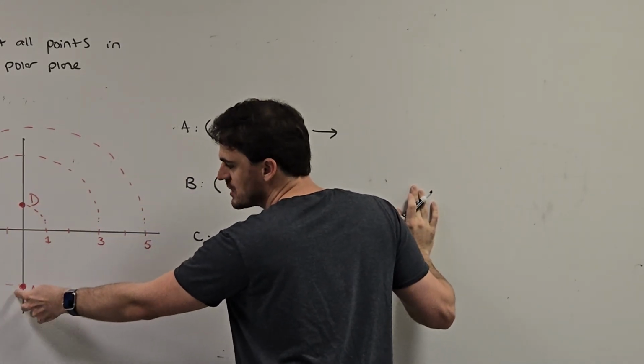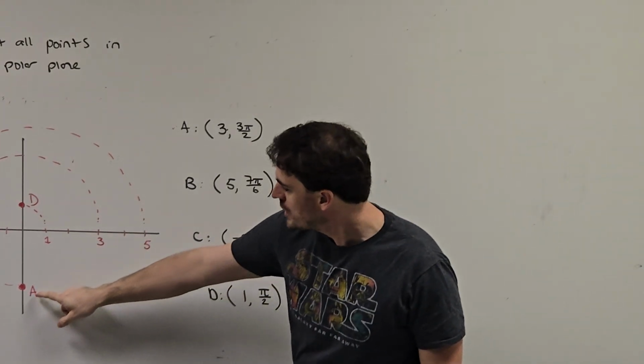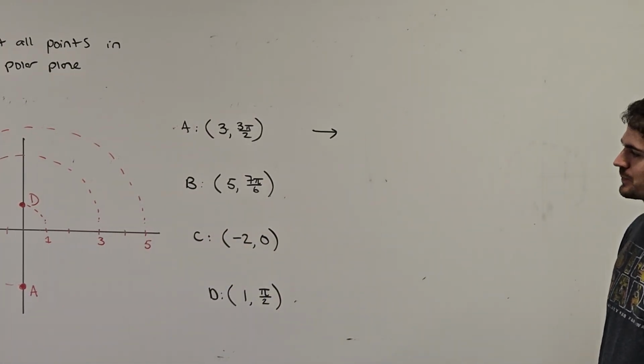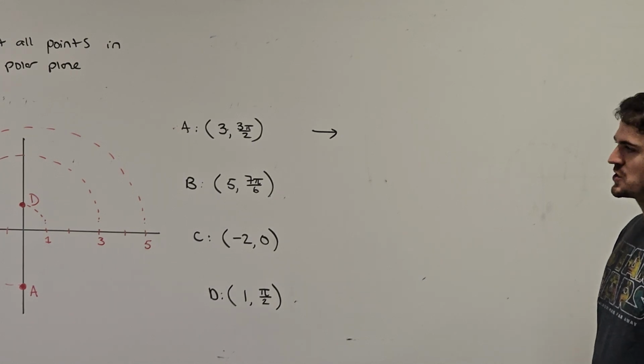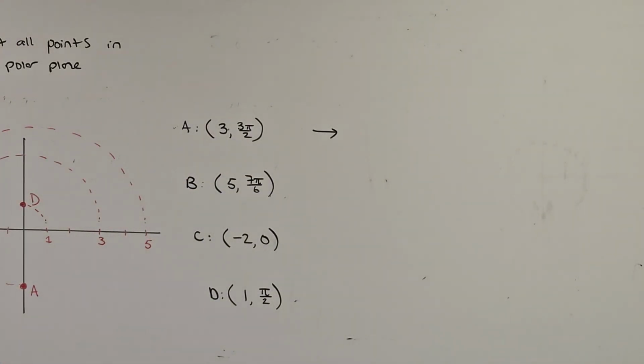So A should still be this point here. Without even touching the marker to the board just yet, what should the rectangular coordinates of A be? (0, -3). So now let's see if this holds true. The x coordinate is r times cosine θ, the y coordinate is r times sine θ, and we know that we should land on (0, -3).